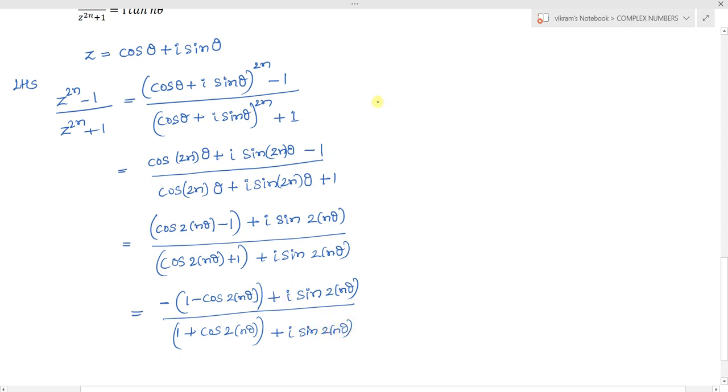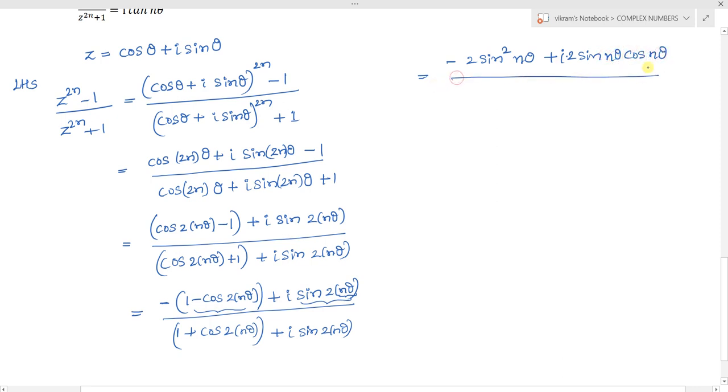Right, so now to solve this one: 1 minus cos 2 theta can be written as 2 sin square theta, where theta is n theta. So the numerator is minus 2 sin square n theta plus, sin 2 theta is 2 sin theta cos theta, so I am taking i into 2 sin n theta cos n theta.